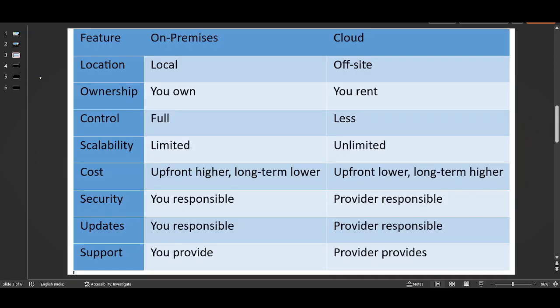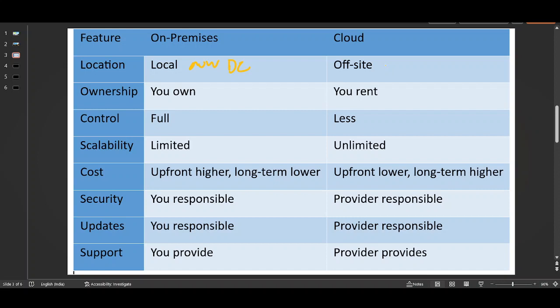Here, features. First thing, on the basis of location. That means your own data center or hardware. Location, your own data center, hardware, but this is the provider's data center. Own data center.